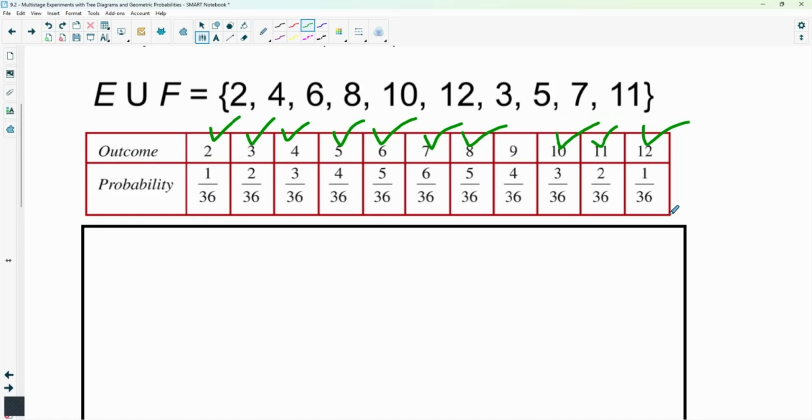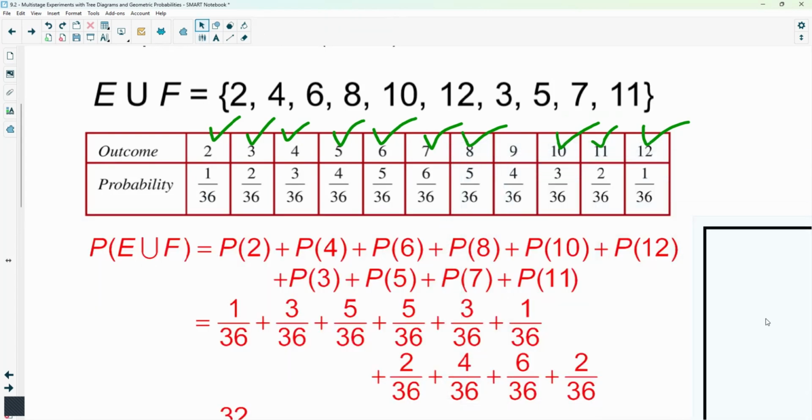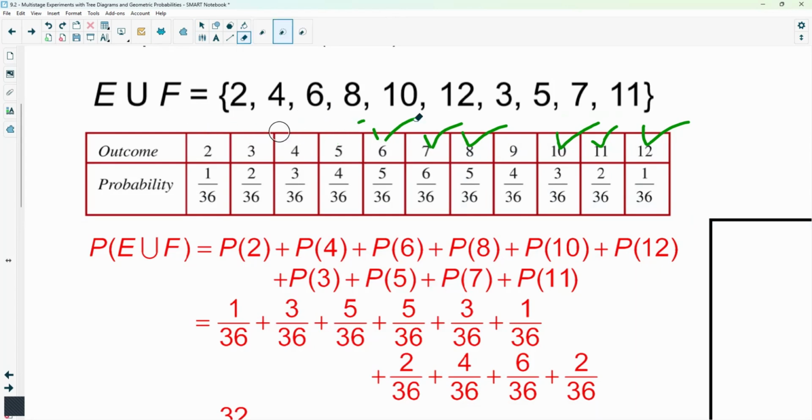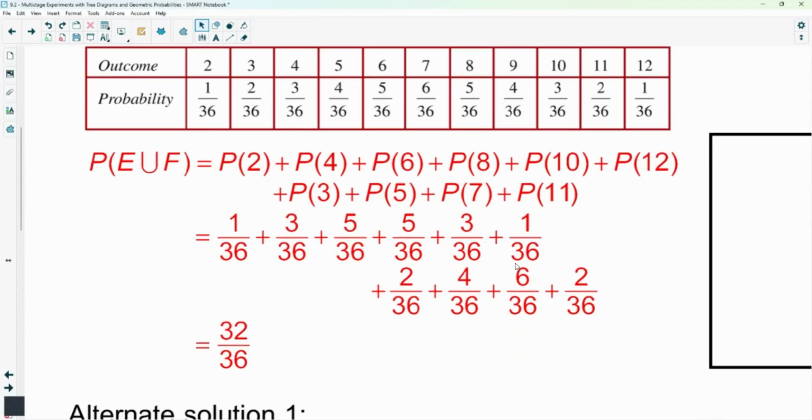So you can add all of those, or what can you do? The only number not included is 9. So you can subtract from 1, which is 36 over 36, and then you can get the result, right? So there are different ways to do the same problem. In this first one, I added all of those independently, right? And then you see that you get 32/36.